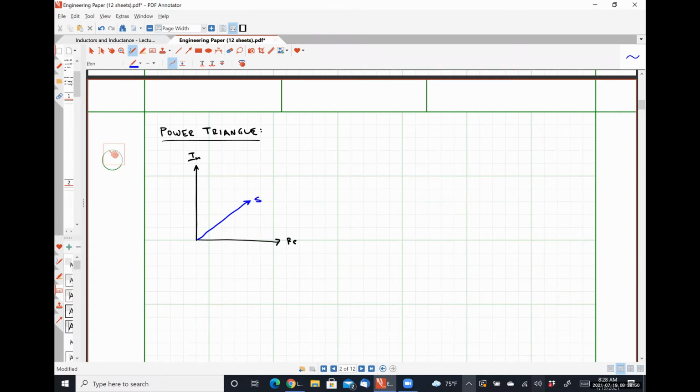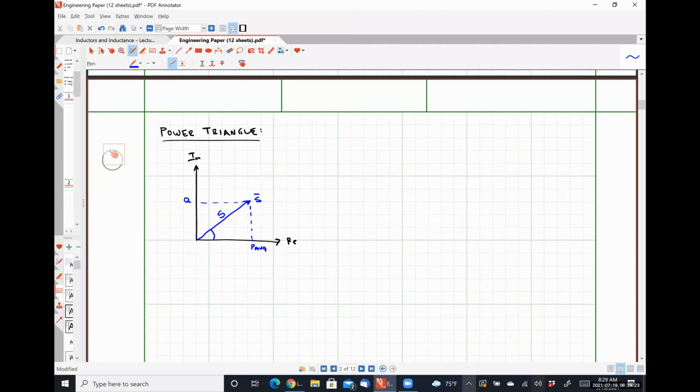And let's say that the complex power absorbed by our load is S. Well, the projection of S onto the real axis is the average power. The projection of S onto the imaginary axis is the reactive power. The magnitude of S is the apparent power.